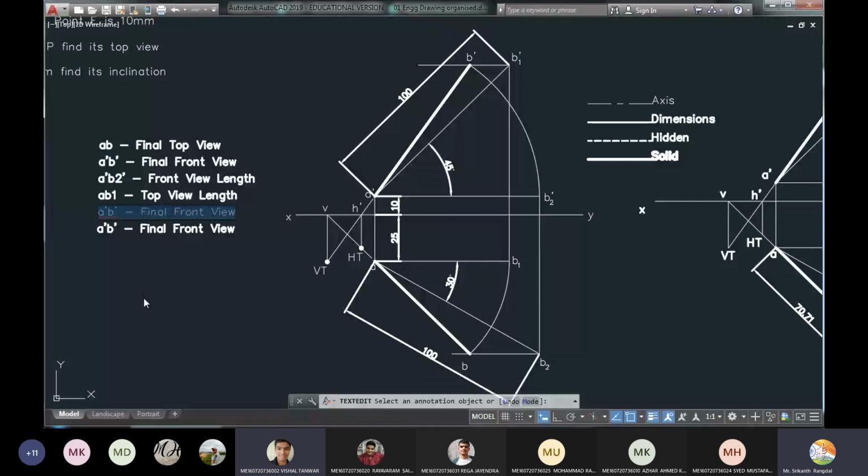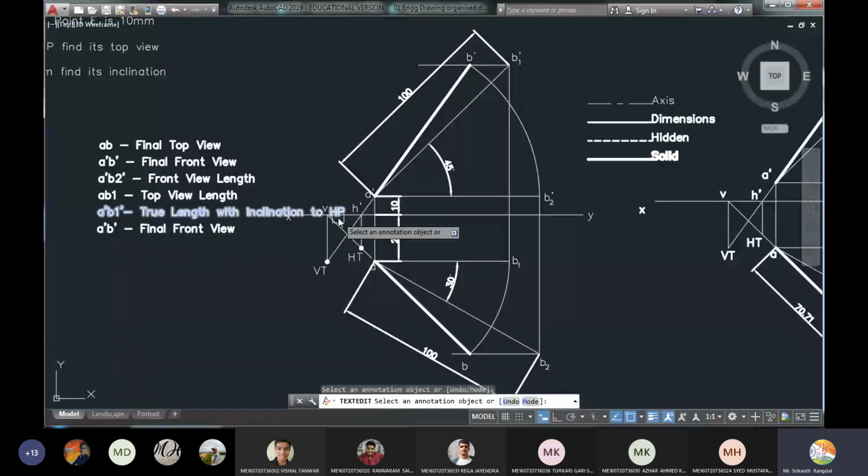What about A dash B1 dash? Sir, the true length, sir. Yes, it's the true length with true inclination to HP.